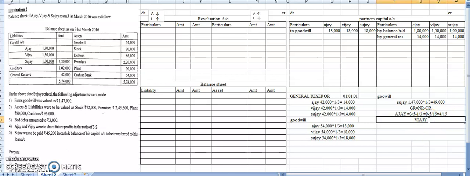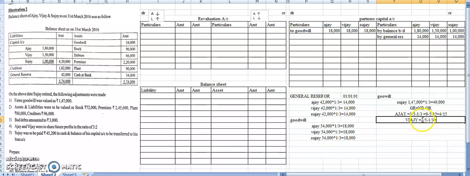Then for the next partner, we will calculate it for Vijay. The new ratio of Vijay, here you can see, is 2 upon 5, minus the old ratio, which is 1 upon 3. Now we need to do the cross multiplication.